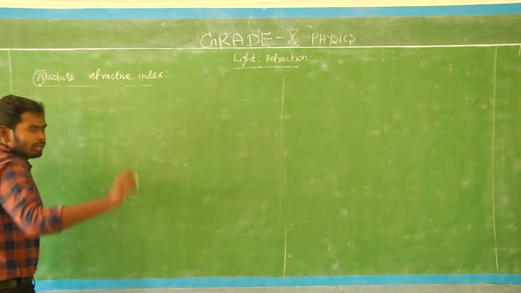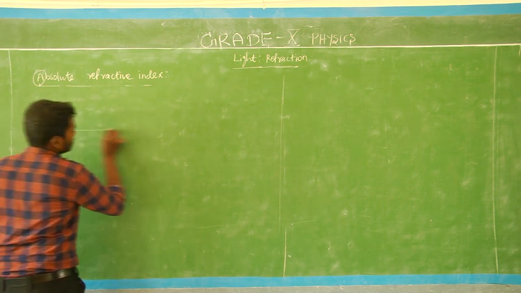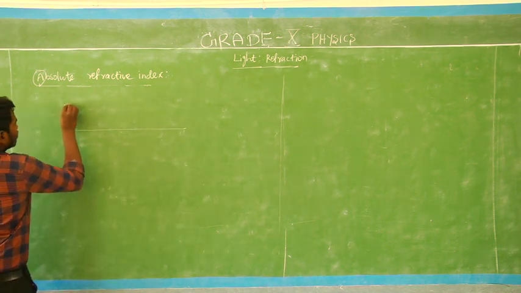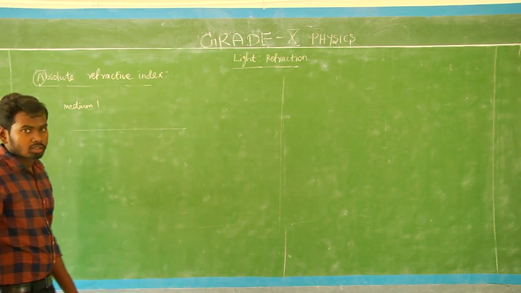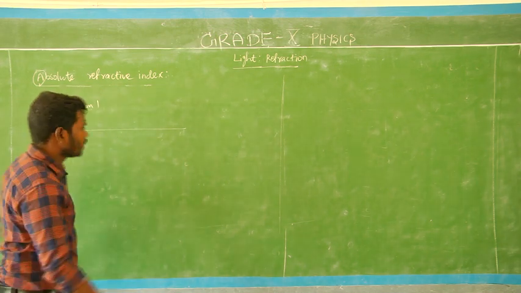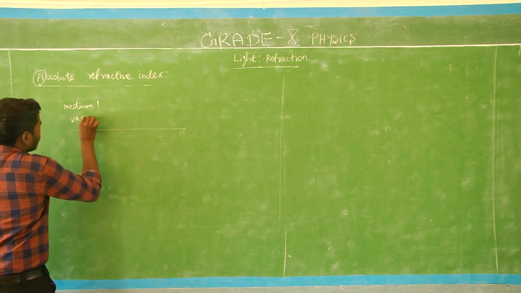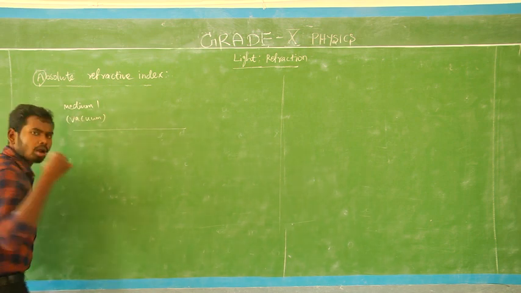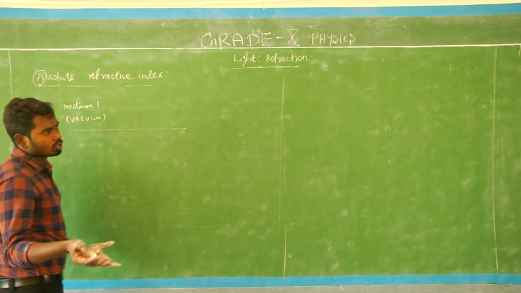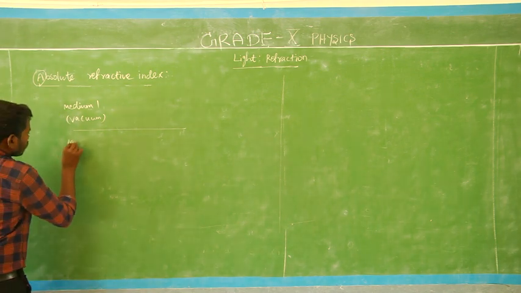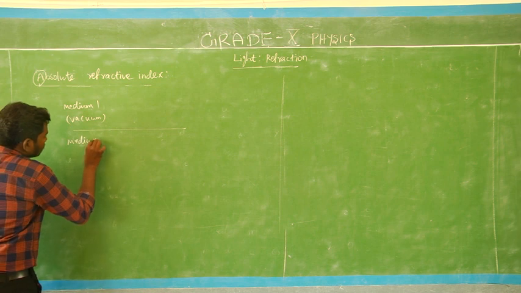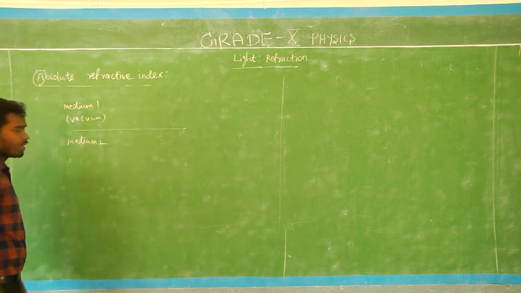So consider two media. This is medium 1, which should always be vacuum or air; in most cases we consider them the same. Medium 2 is glass.